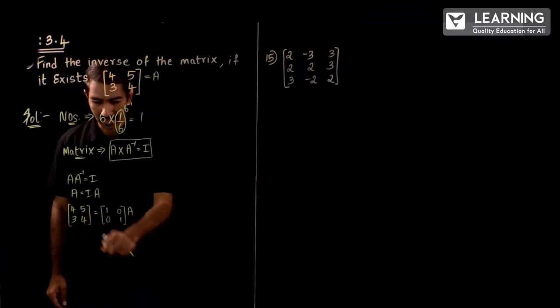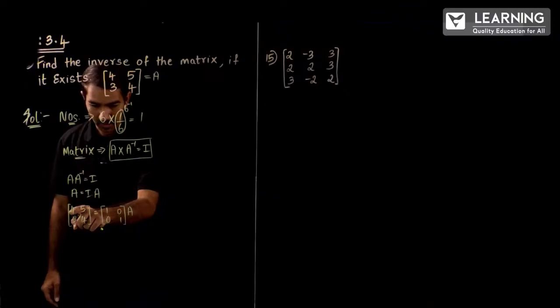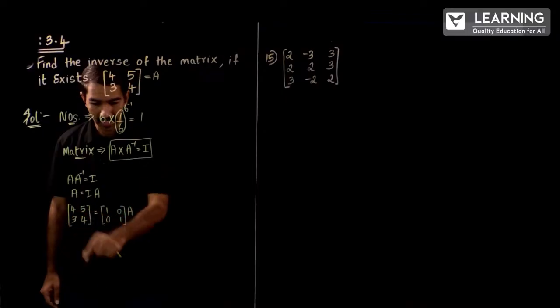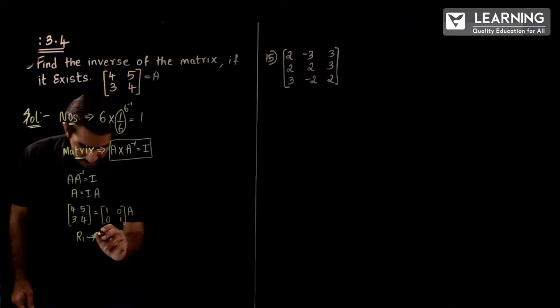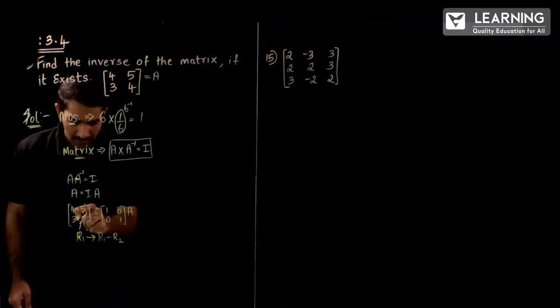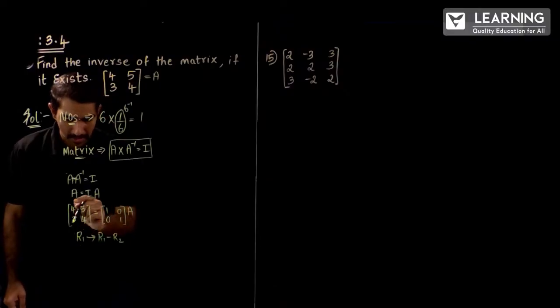So the very first thing, see here we have 4, but here we have 1. We have to make this 1 now. How do we make it 1? Right here, R1 is equal to, 4 is there, 3 is there, R1 minus R2, correct? 4 minus 3 will become equal to 1.